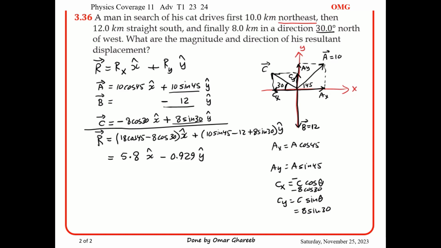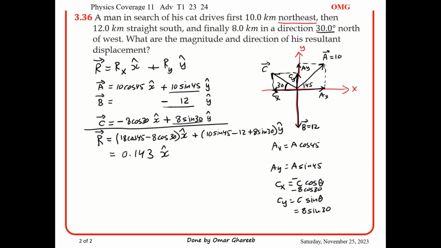Now to find the magnitude and direction, the x component for R is 0.143 x hat.